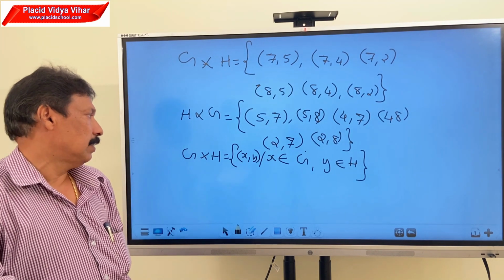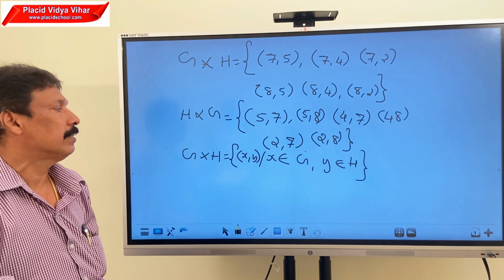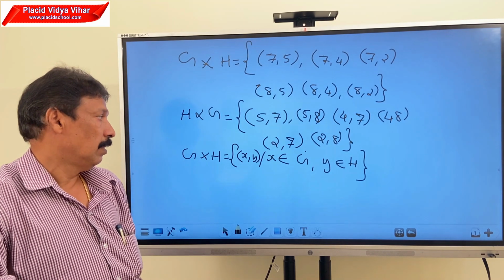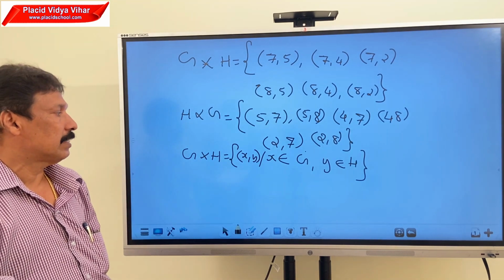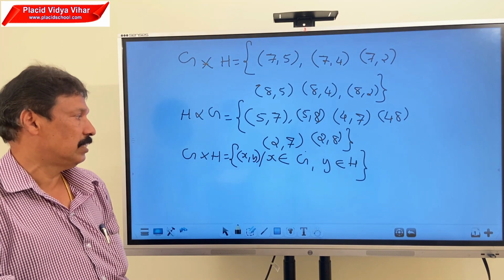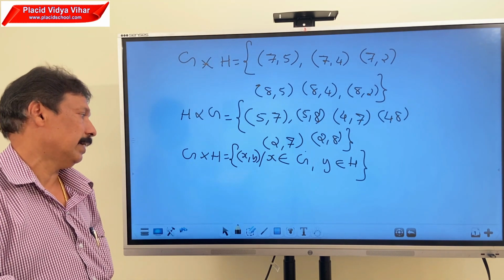Then G cross H, the Cartesian product of G and H, can be written in the rule method, that is, the set of ordered pairs (x, y) such that x belongs to G and y belongs to H.